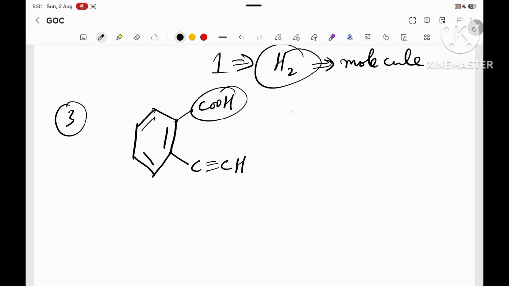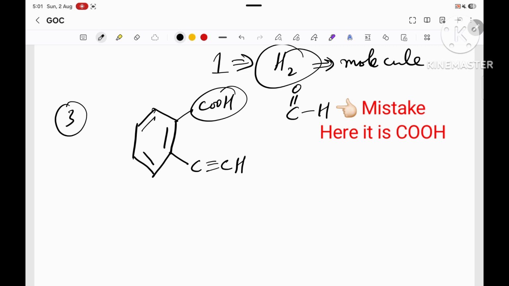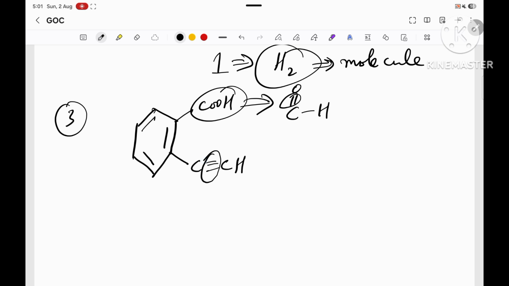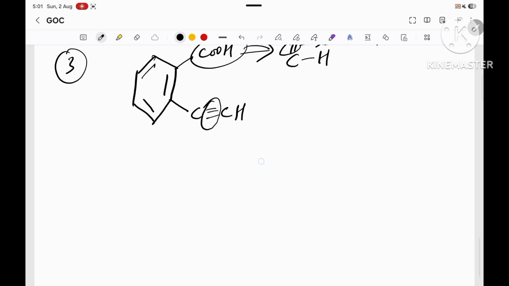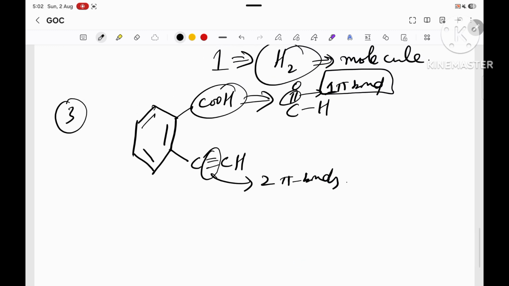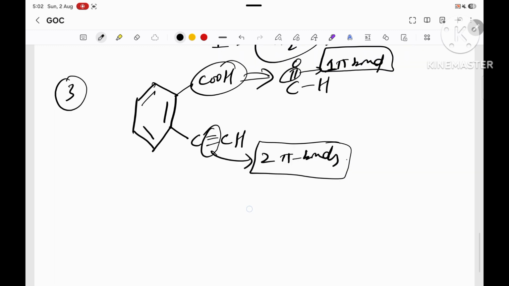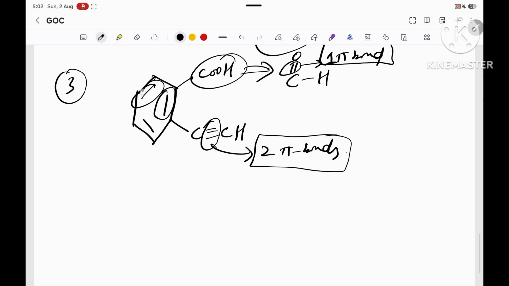You know here it is actually C double bond O and H. Here is a double bond, and here is a triple bond, here is 1 pi bond, and here are 2 pi bonds, and here 1, 2 and 3.